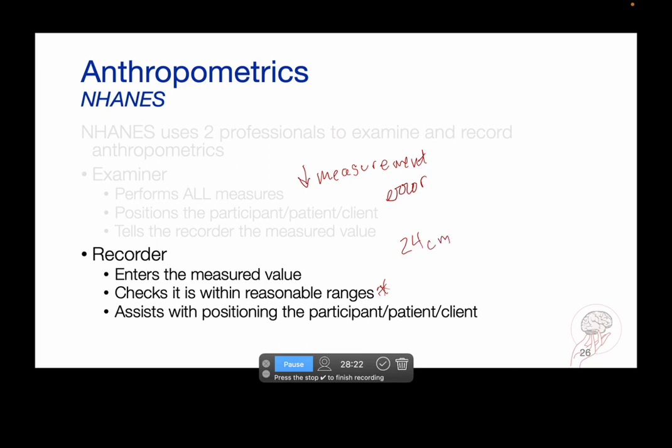That's very short. In reality, they might have actually meant 24 inches. And if this is a small child, that's around 2 feet. That makes sense. So the recorder would say, hey, do you mean 24 centimeters or 24 inches?